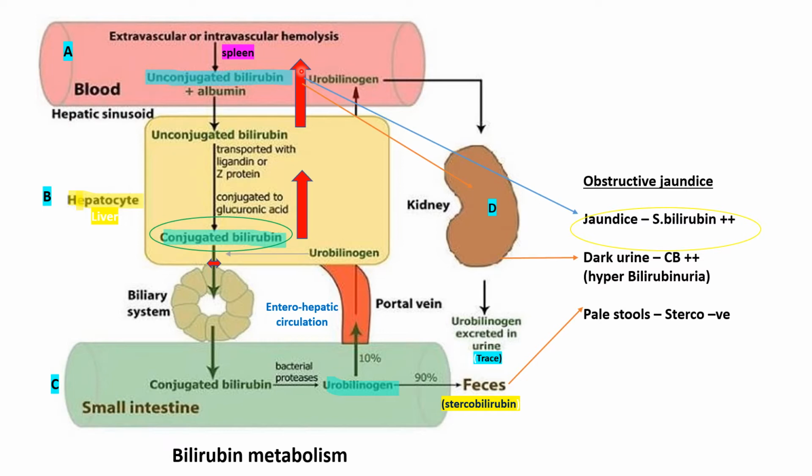As a result, it is carried all over the body and is responsible for the yellowish staining of the tissues, especially mucous membranes, conjunctiva, and the skin, and that causes jaundice.